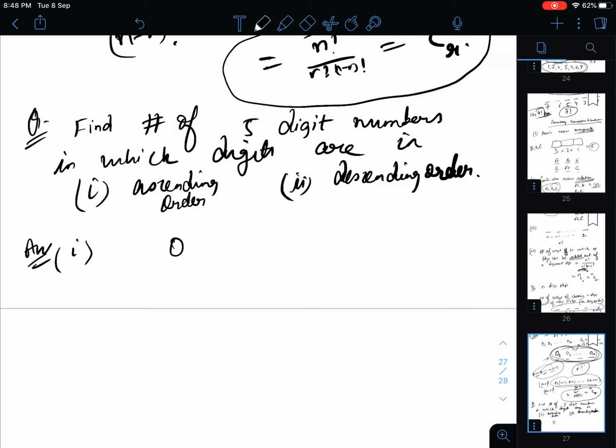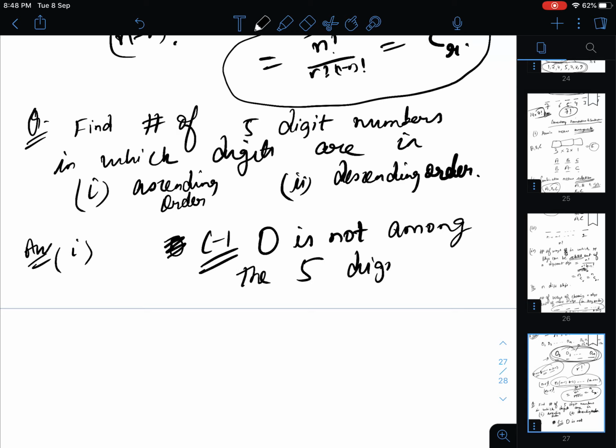So let's say case 1 is 0 is not among the 5 digits selected.